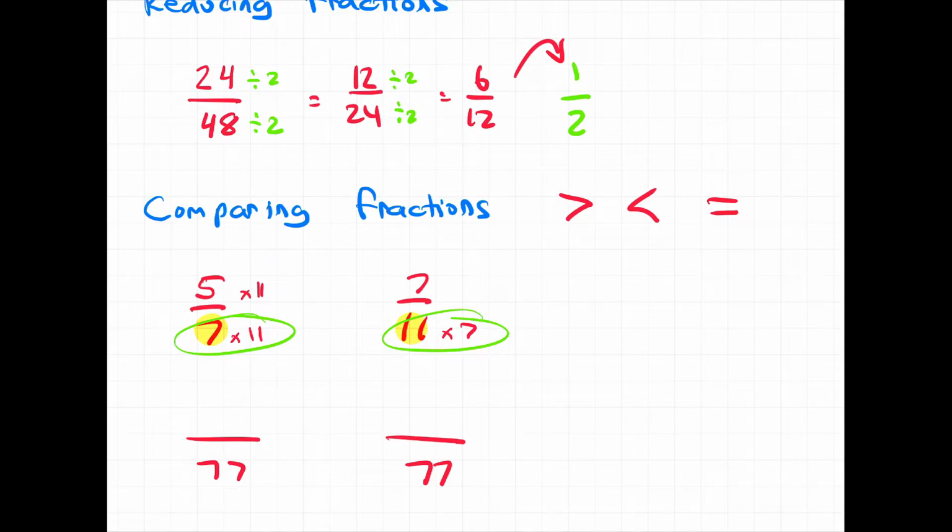And on the other fraction, if I multiplied the denominator by 7, I would have to multiply the numerator by 7. So the first fraction, 5 times 11, is 55. And with the second one, 7 times 7 is 49. So now that I have equivalent fractions right here, they both are out of 77, I can see that 55 out of 77 is greater than 49 out of 77.